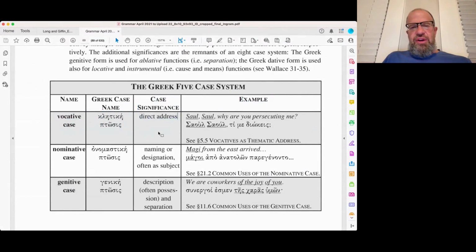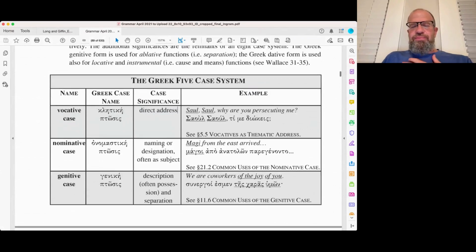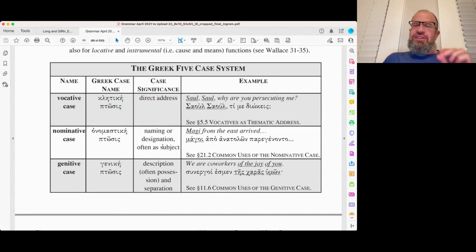We're looking here at my Koine Greek grammar, where I give a summary of these cases in this chapter. So it's a case of direct address. A lot of times endings aren't learned for the vocative case because it has simple endings and is marked in the Greek text that we use by being set off by commas.